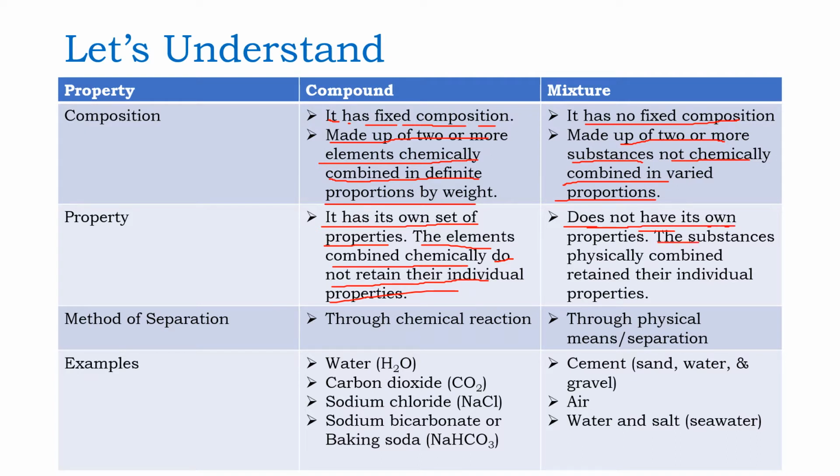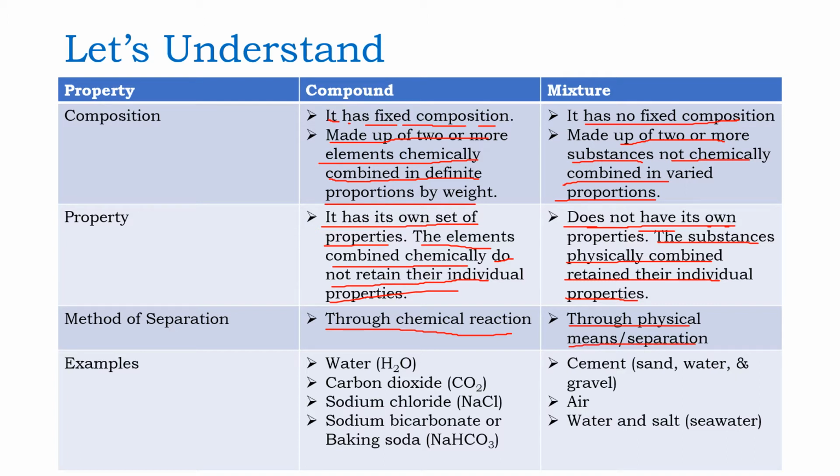The substances physically combined retained their individual properties. So in terms of method of separation, compound can be separated through chemical reaction only, while mixture can be separated through physical means or physical separation.